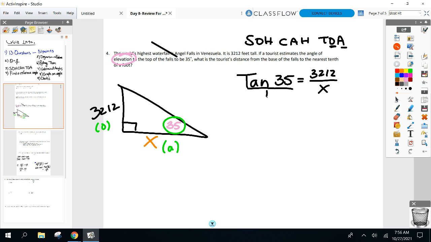We'll put that over 1, and we will cross multiply like we did yesterday. So it looks like I have 3,212 equals tan 35 times x. How do we want to get x by itself?